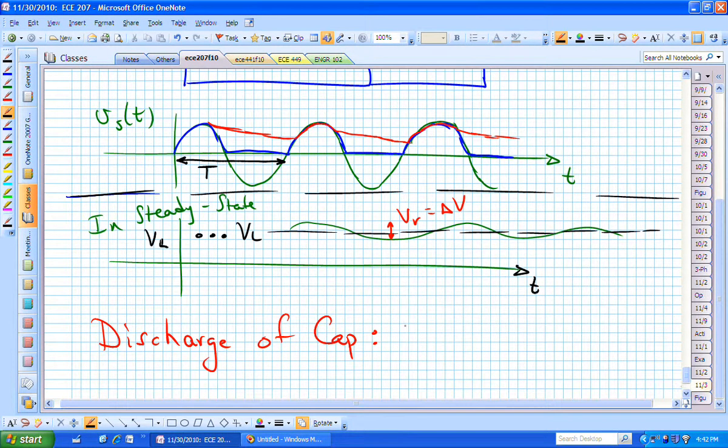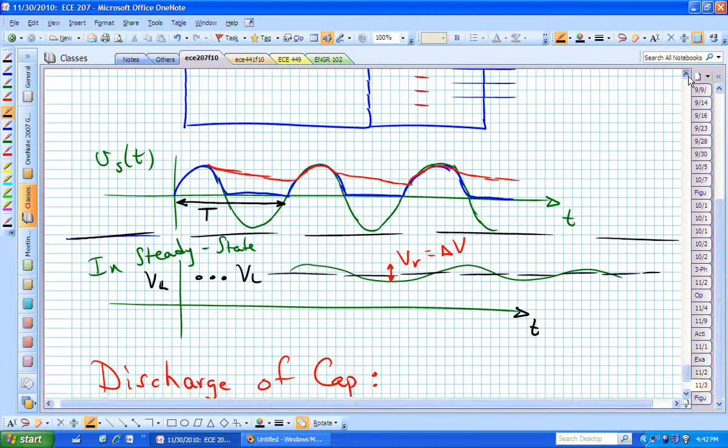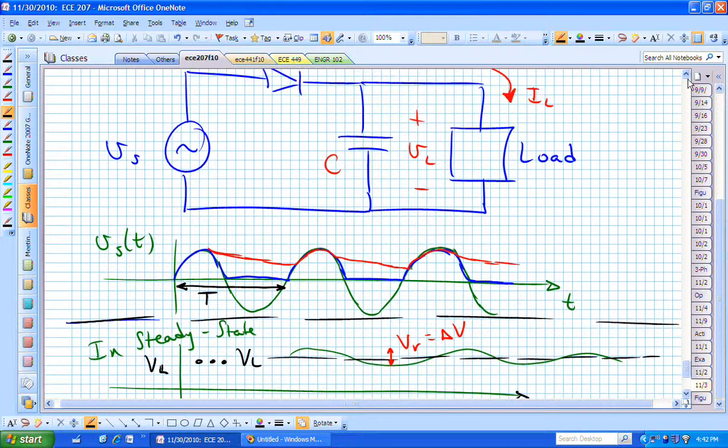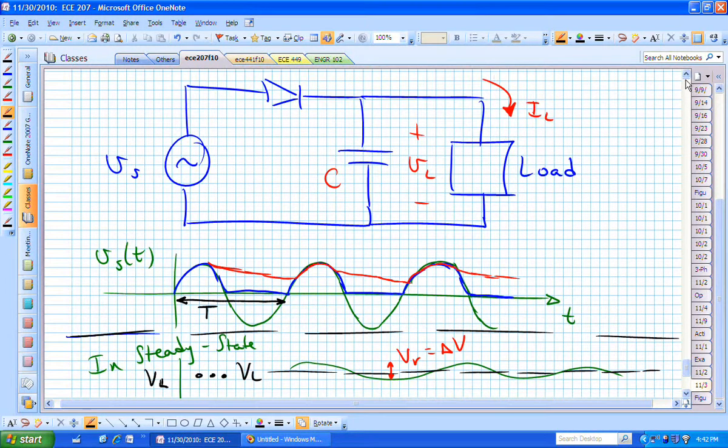If that charge on the capacitor is supporting the current flowing through that load, I'm going to lose so much charge every time interval, capital T, or every period of time.